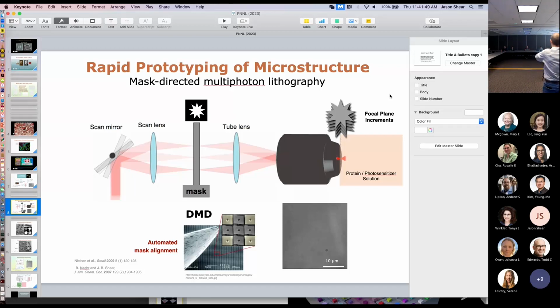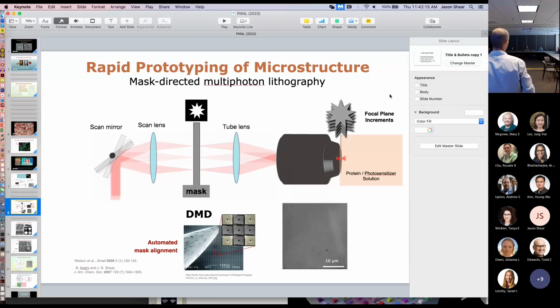It will have three-dimensional aspects to it. Each plane represents the thickness of your focal plane. And again, in our case, that's about a micron or a micron and a half. So you can make structures that are 10 or 20 or 30 microns tall, but they're all going to have the same shape, right? It's not going to vary along the z-axis.